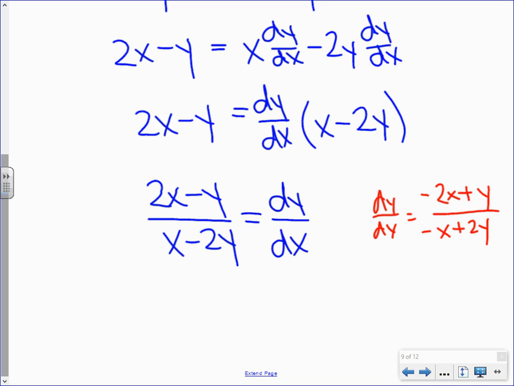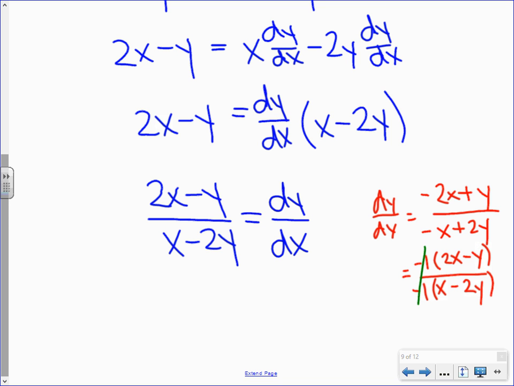If you move the dy dx's to the right side and somebody else moves them to the left side, your answers are going to look different, but they should be equivalent. Why are these equivalent? Cole, if you factor a -1 out of your numerator, you get 2x minus y. And if you factor a -1 out of your denominator, you get x minus 2y. Those negative ones can cancel out, and we're left with an equivalent answer.